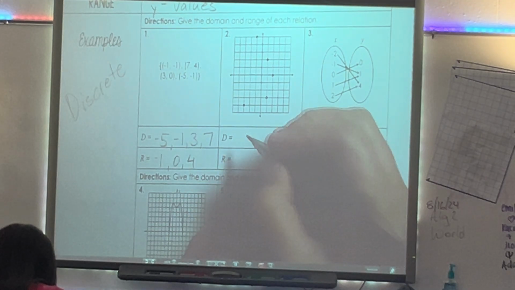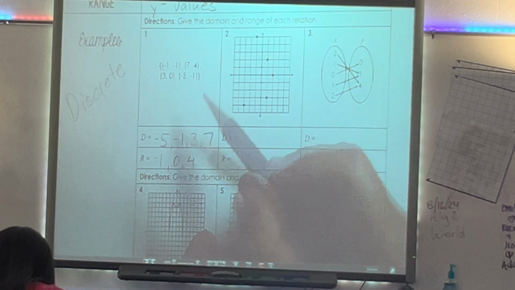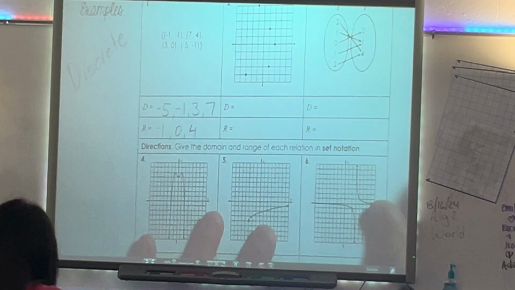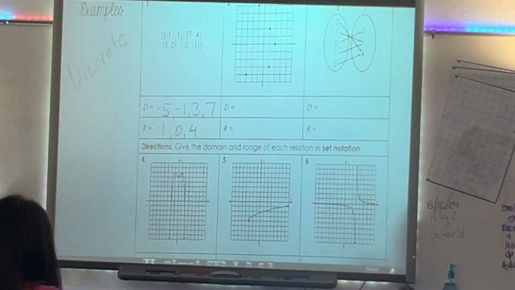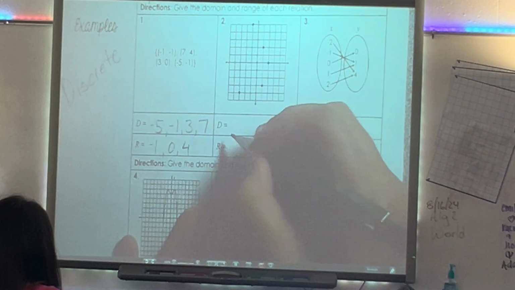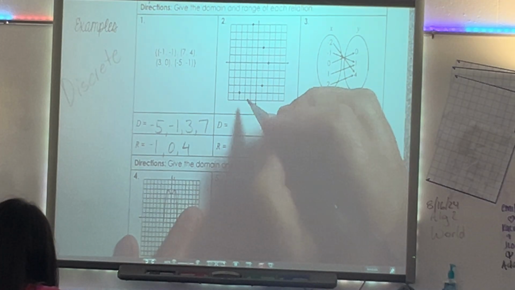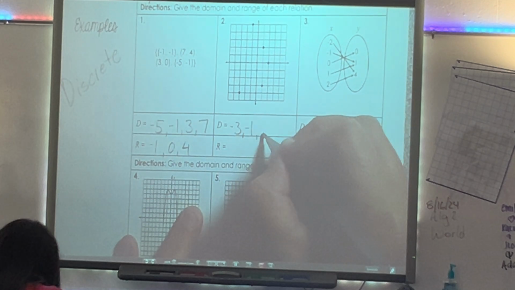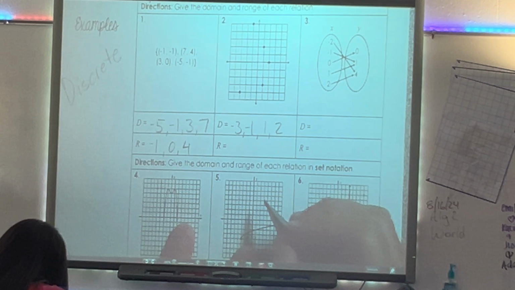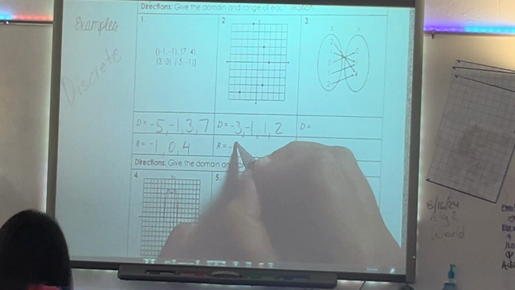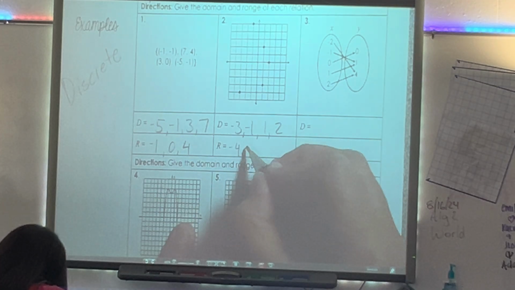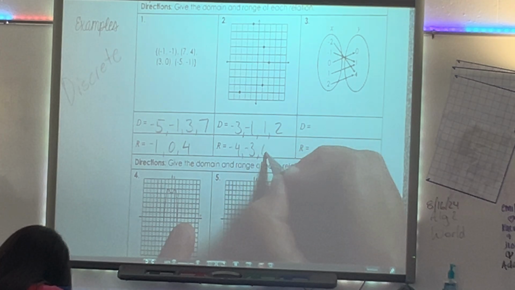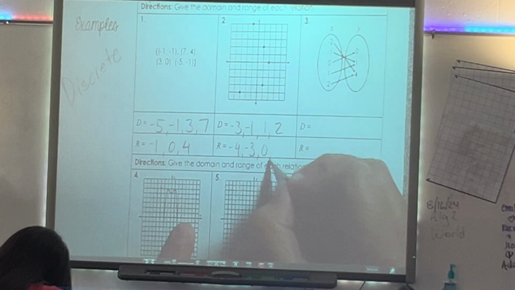Let's see, this one, my domain. Would this represent a function right here? Yeah, alright. So here, my domain looks like -3, -1, 1 and 2. My range looks like -4, -3, 0, 2, and 5.